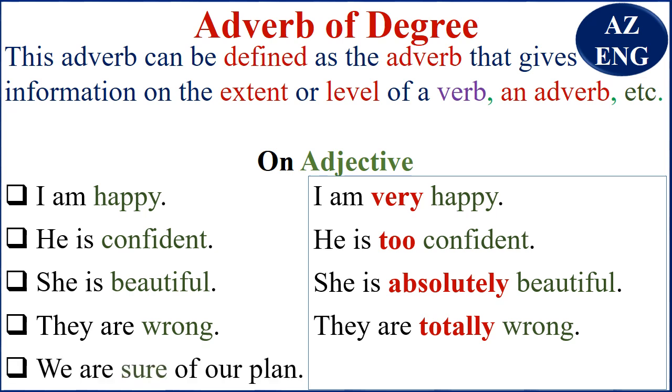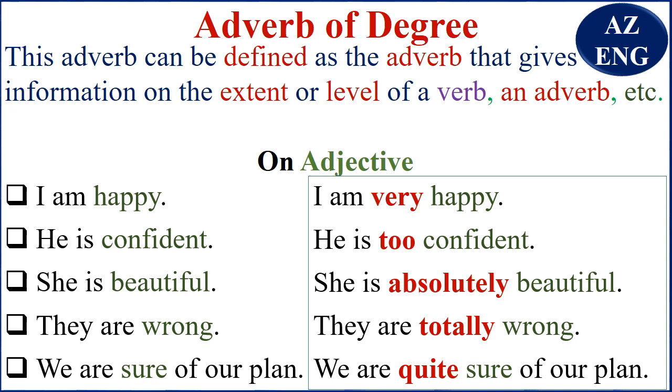We are sure of our plan. So sure is an adjective. In the next example, I'm going to use an adverb of degree to modify the adjective sure. So for example, I say, we are quite sure of our plan.